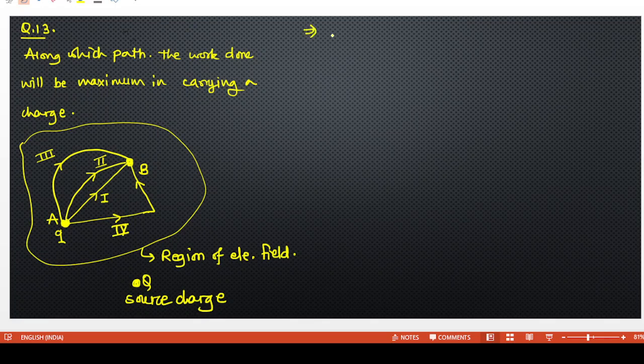Now we know the fact that electric field is a conservative field, or electric force is a conservative force.